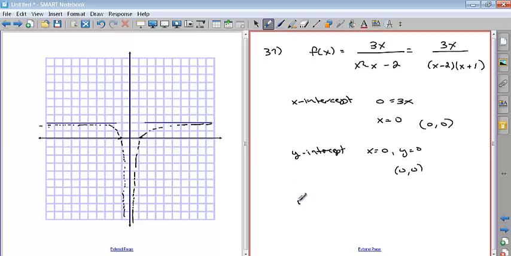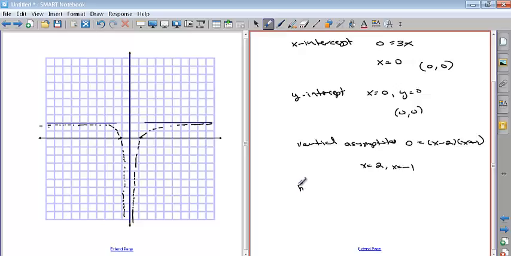We have two vertical asymptotes. That's where the denominator equals 0. Since we have it factored, it's easy to see it's going to be when x equals 2 and when x equals -1. So those are the actual equations for the vertical asymptotes. And then we have a horizontal asymptote.